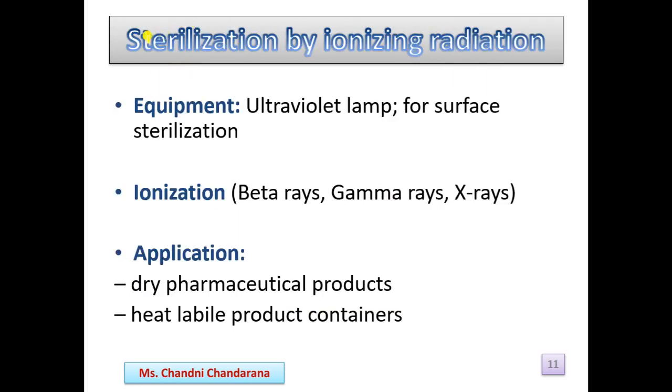Now next we will see sterilization by ionizing radiation. For which kind of product can this process apply? For dry pharmaceutical products and for heat labile product containers, we can apply sterilization by ionizing radiation. Here the equipment we can use is a UV lamp for surface sterilization.